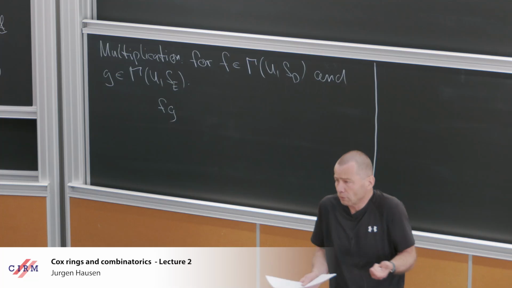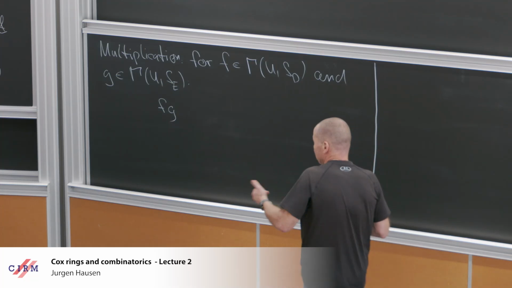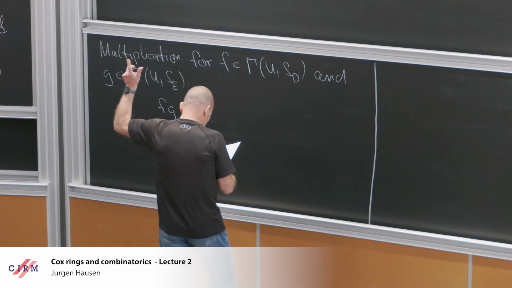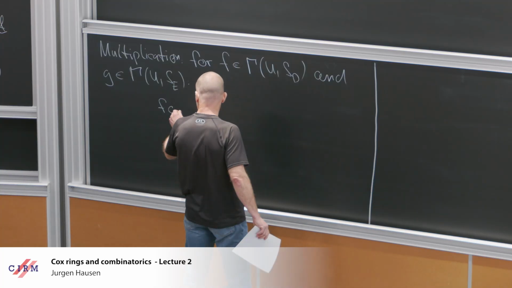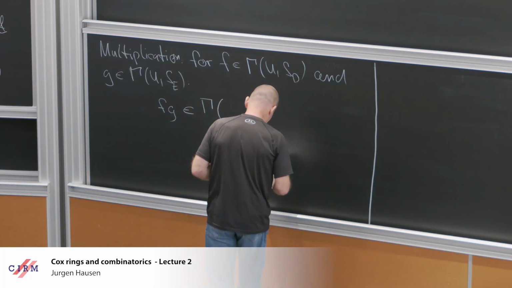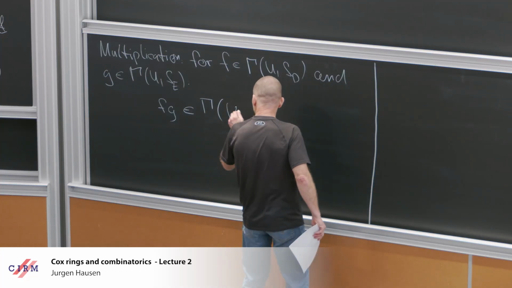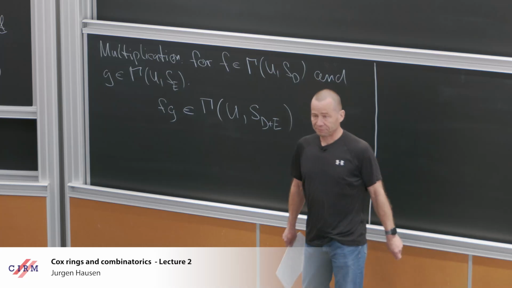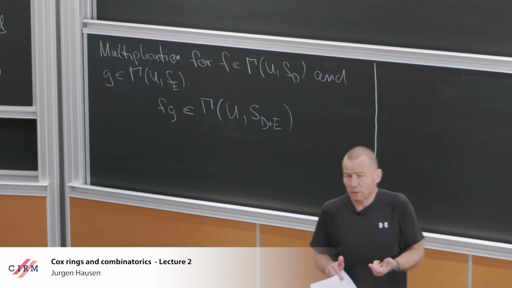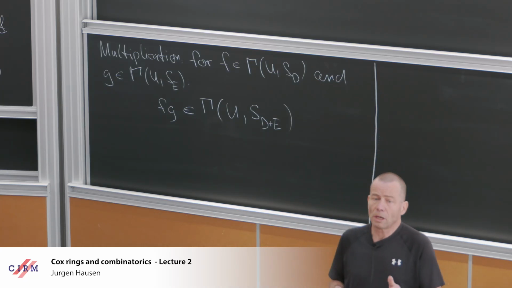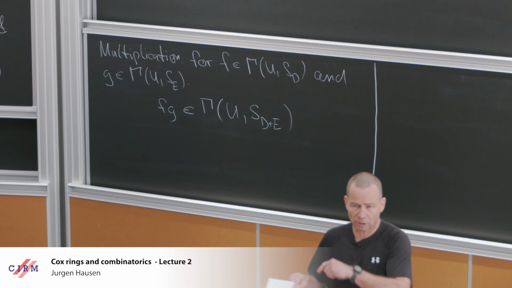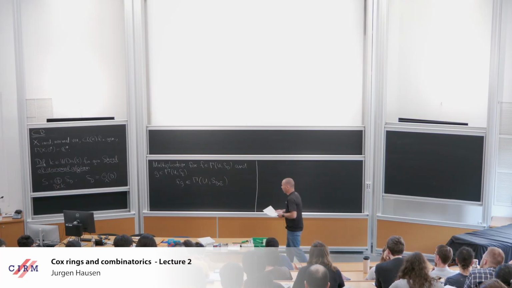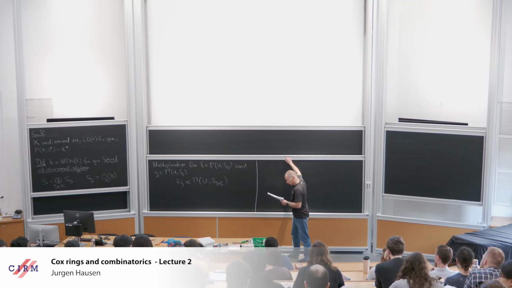And by the rule of divisors, the divisor of the product is the sum of the divisors. So it fulfills the necessary inequality that we land in the sections over U of S of D plus E. And that is what you need for a graded algebra. Now you can multiply any functions by decomposing into homogeneous parts and so on. Okay, so we have these algebras.